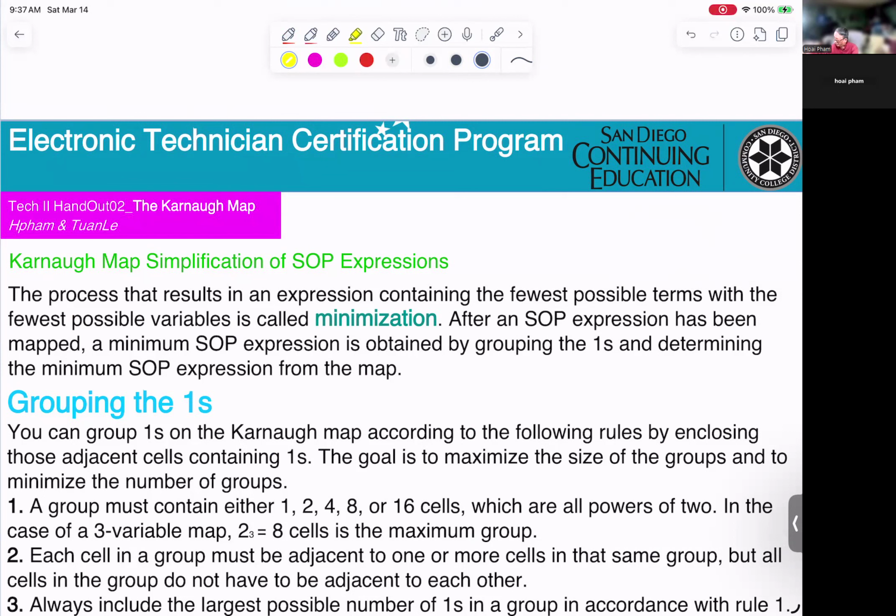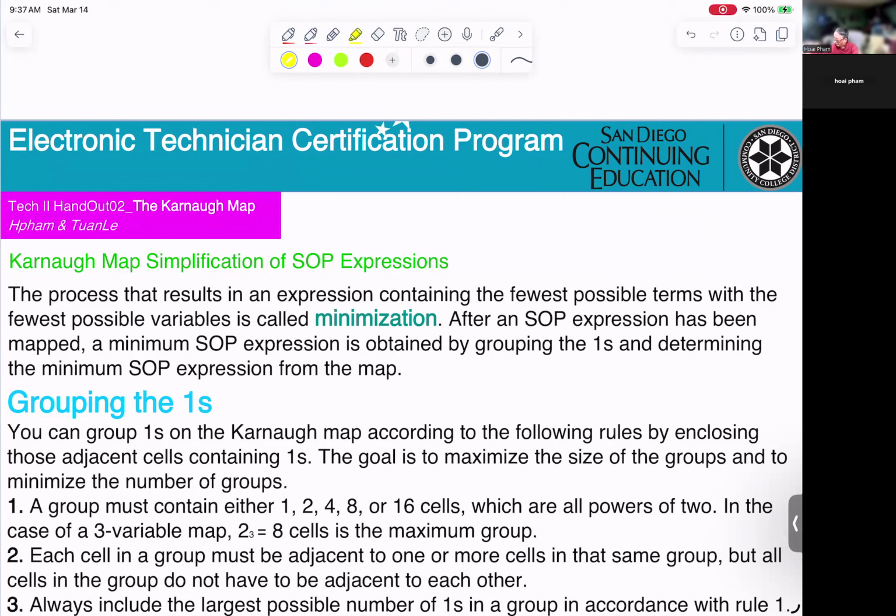Grouping the ones, okay? You can group ones on a K-map according to the following rules, by enclosing those adjacent cells containing ones. The goal is to maximize the size of the group and to minimize the number of groups.